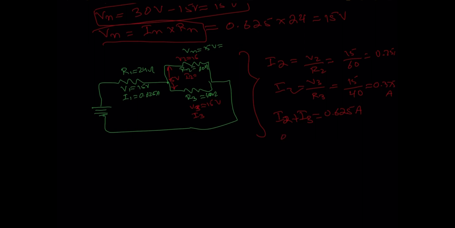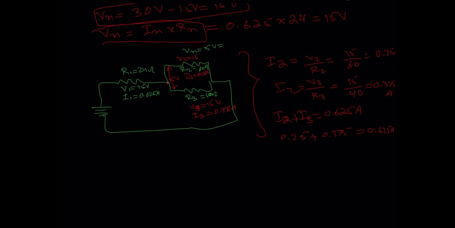I2 is 0.25 plus I3 is 0.375, and that will give me 0.625 amps. So that actually works out. I3 is 0.375 amps and I2 is 0.25 amps.